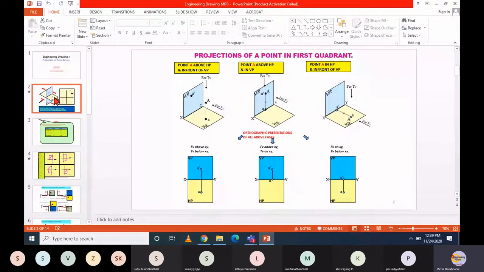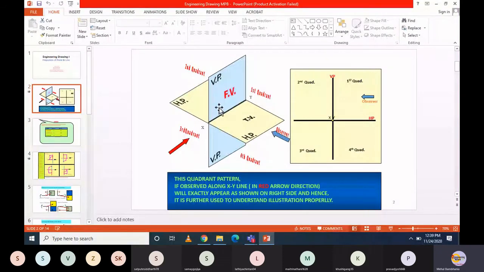In that quadrant system, in the first quadrant we are putting our object. Our answer is decided by where exactly we are putting our object. We can put it over here, over here, over here, or also on the HP or on the VP. Based on that, our answer will change.